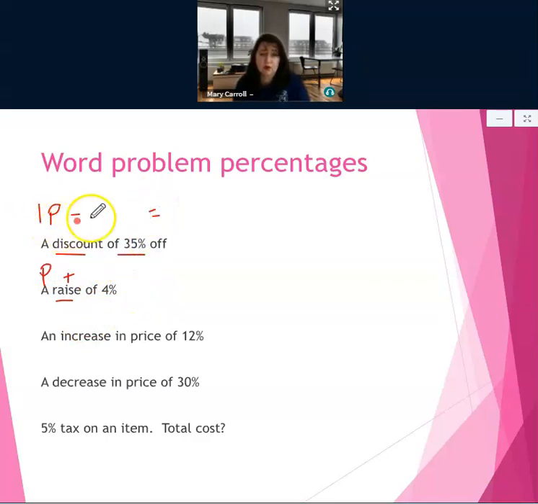So remember, it's 1 minus 0.35, okay? And that should give me a number, and that's a P with it, okay? And then this one is 0.04p. All right, so go ahead and do the other ones in here and answer these first two. Pause the video.